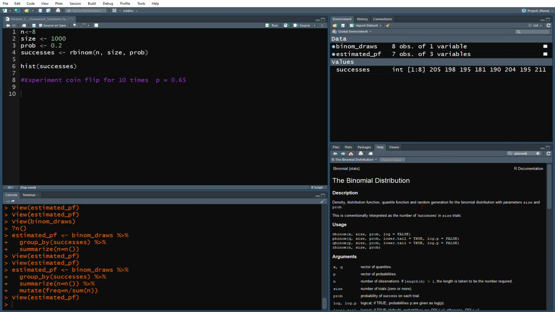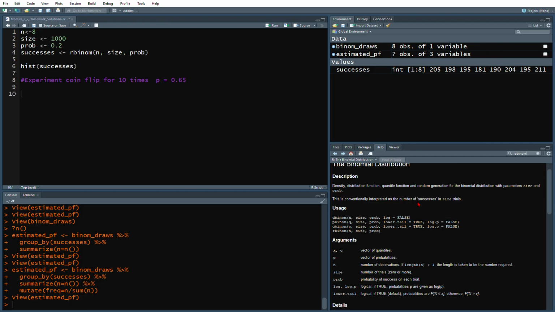I'm looking up the help for the binomial distribution, and pbinom takes the input q, that is the quantile, size, that is the number of trials, the probability of success in each trial, and whether the tail is lower or upper.